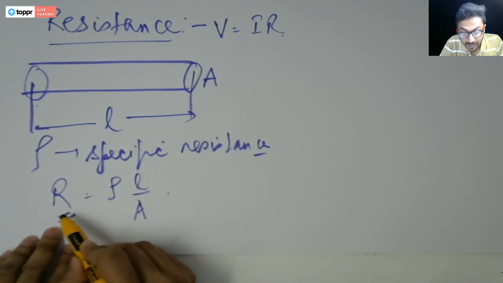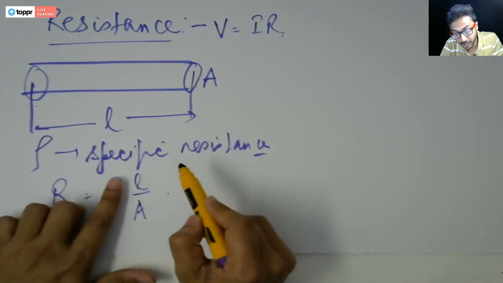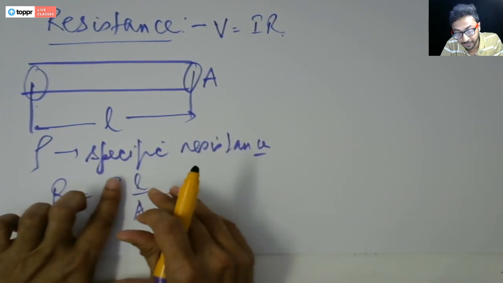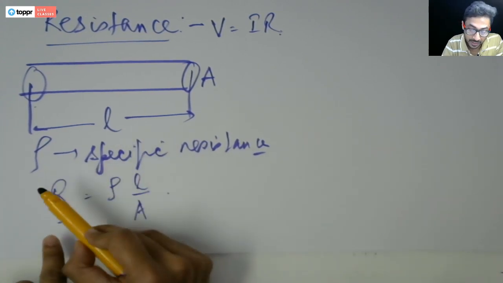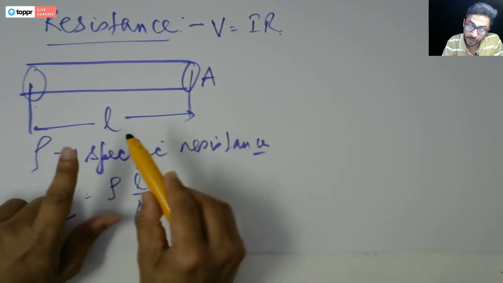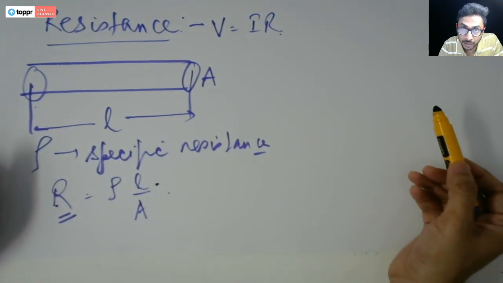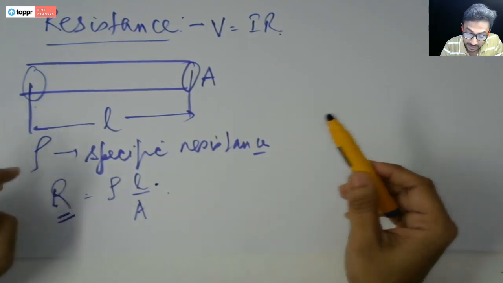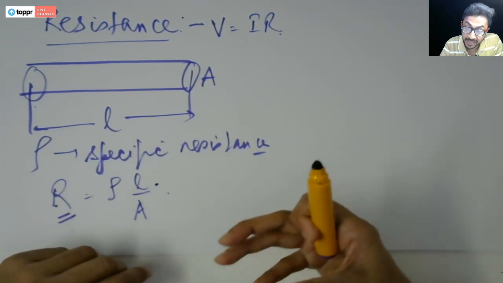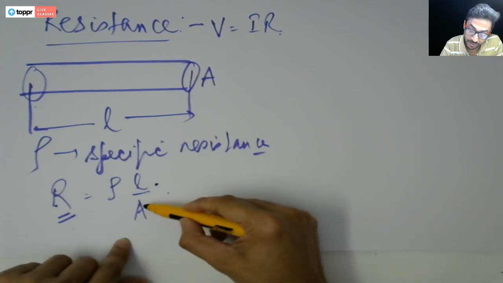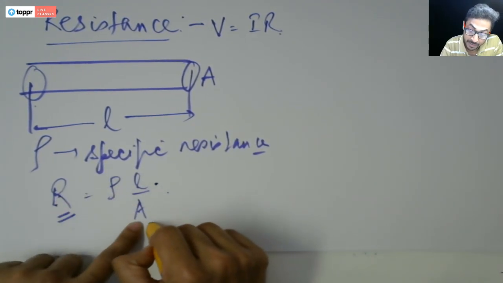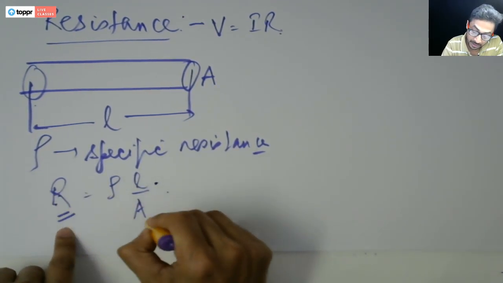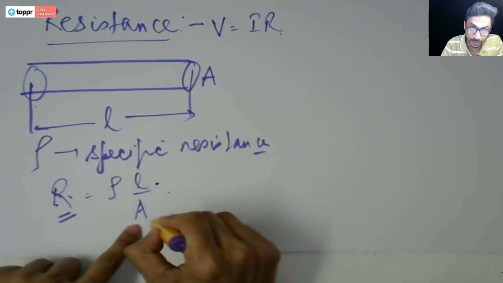So the resistance of a wire is proportional. If specific resistance and cross-section are constant, we can say R is proportional to length. So definitely, if we take a longer wire, it will have more resistance. If we take a thicker wire, a broader wire whose cross-section area is more, the resistance is inversely proportional to the area, because it's in the denominator.